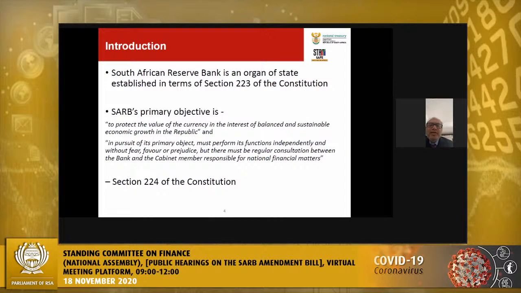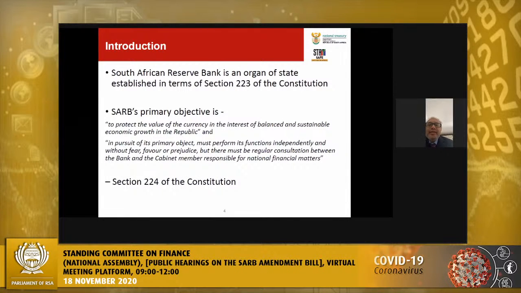Chair, I'm not going to go through this point. I think most people know that the SARB is established in terms of Section 223 of the Constitution, and Section 224 outlines the primary objective of the SARB: to protect the value of the currency in the interest of balanced and sustainable economic growth in the Republic. So it's not a focus only on the value of the currency; it has to take into account economic growth.